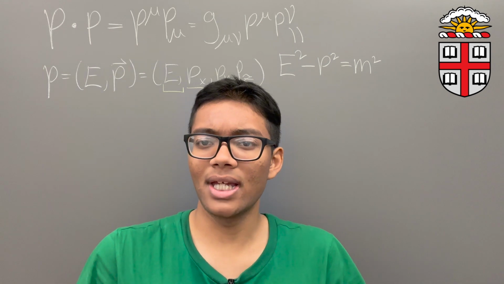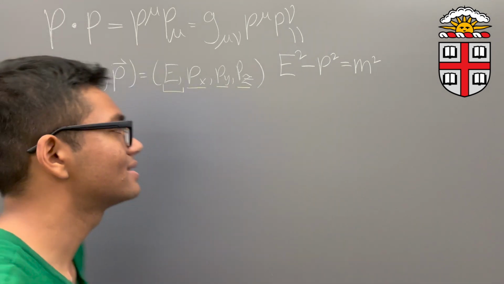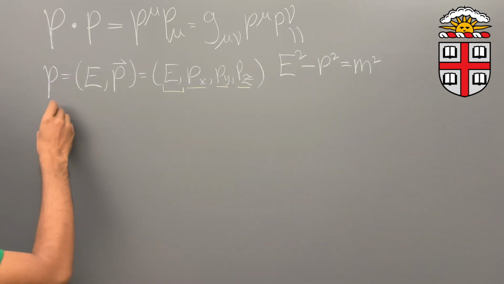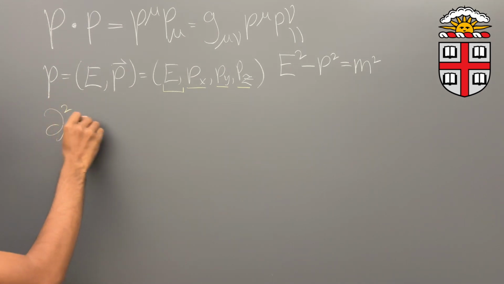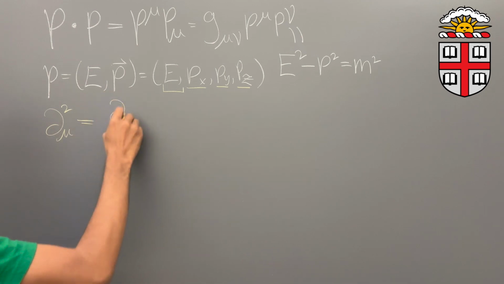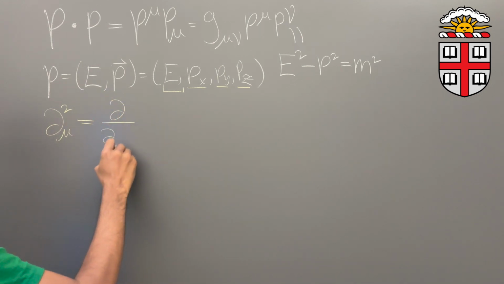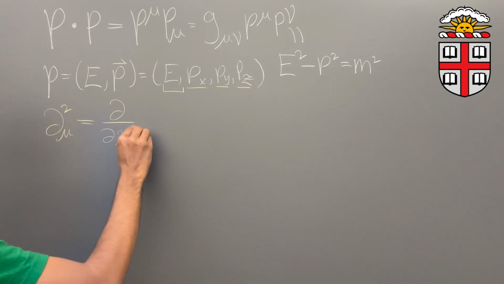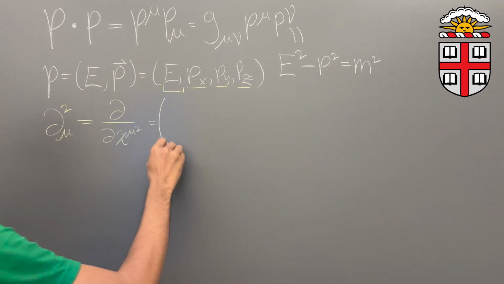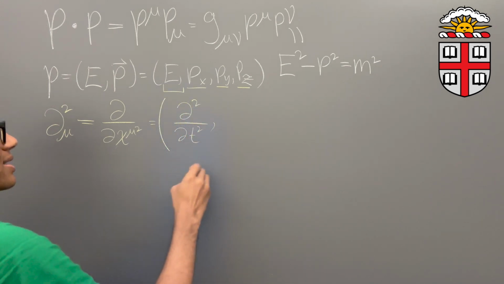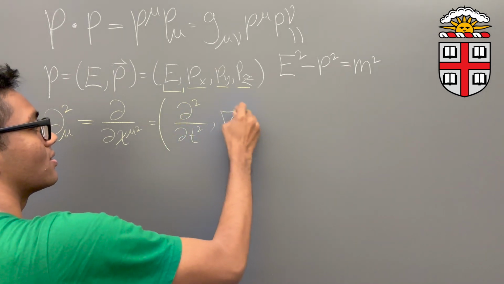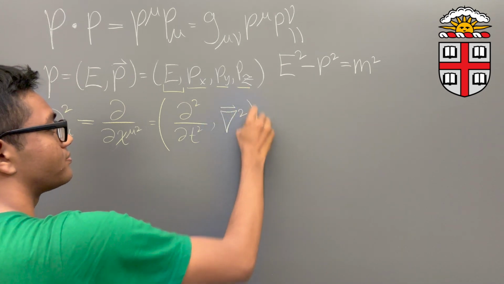Now let's take a look at another four vector. Let's say you have, for example, the d'Alembertian. So this is partial mu squared, which can also be written as partial over x to the mu, squared. And this we can write as the four vector partial squared over partial t squared, comma, the Laplacian.